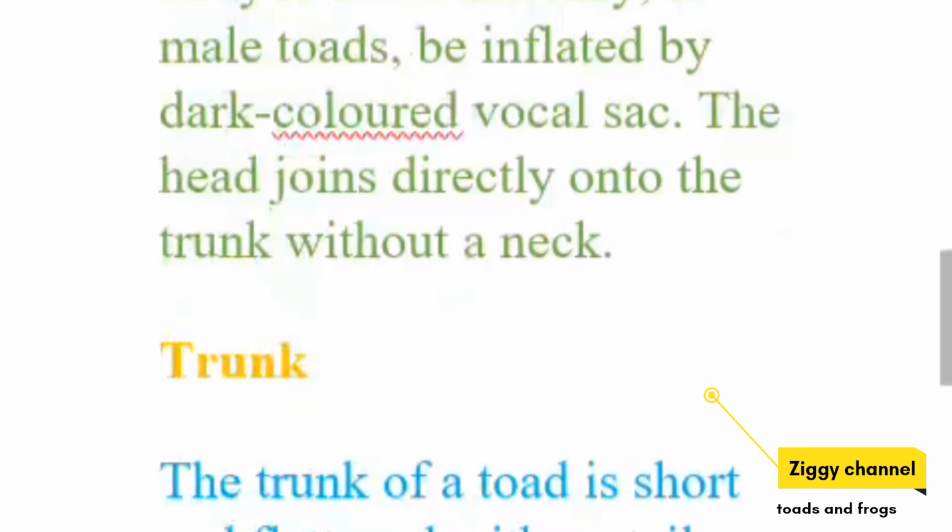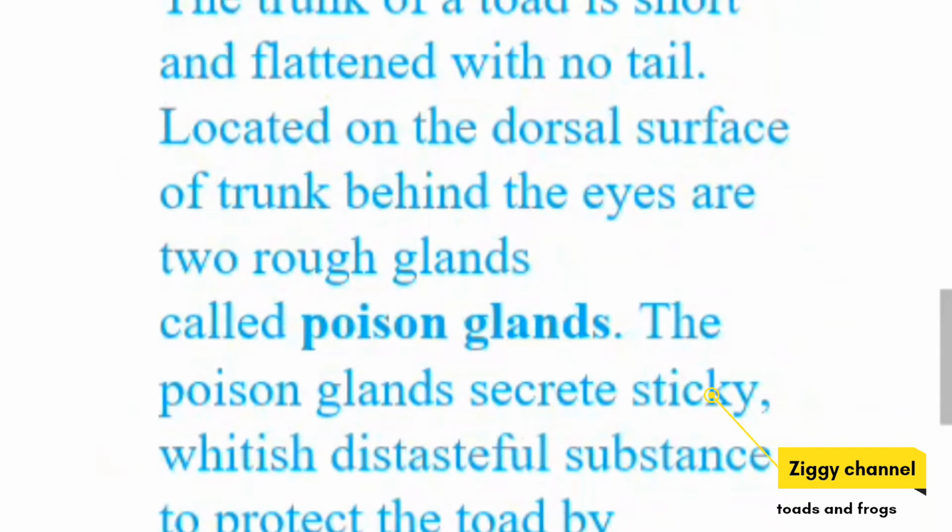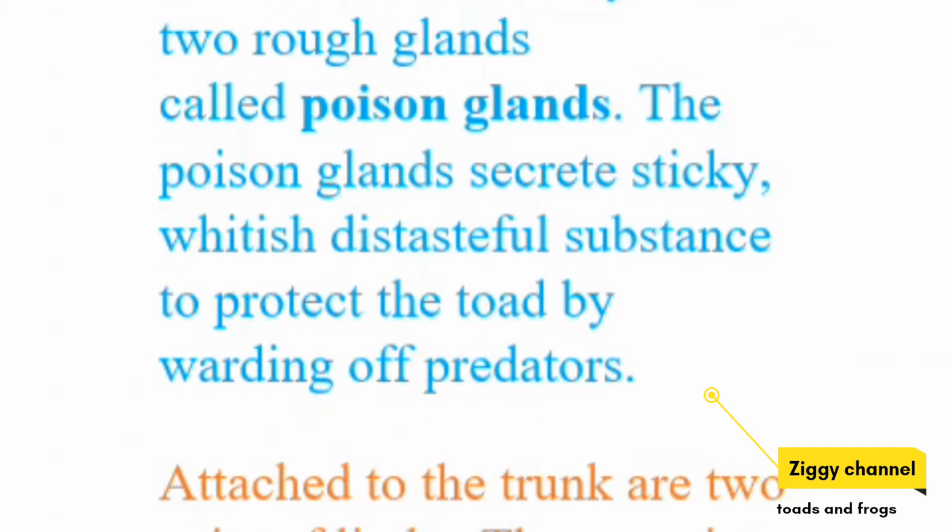The head joins directly onto the trunk without a neck. The trunk of a toad is short and flattened with no tail. Located on the dorsal surface of the trunk behind the eyes are two rough glands called poison glands. The poison glands secrete a sticky, whitish distasteful substance to protect the toad by warding off predators.